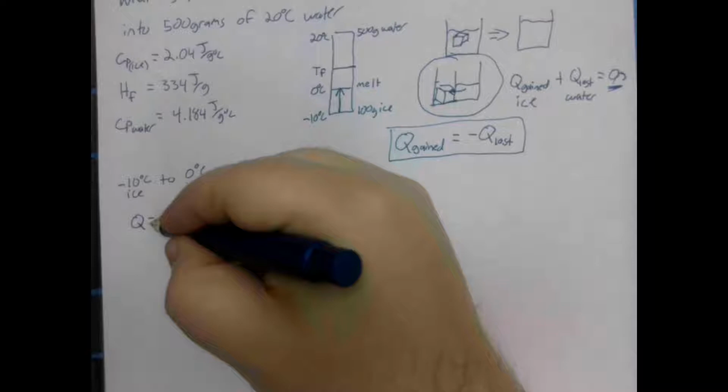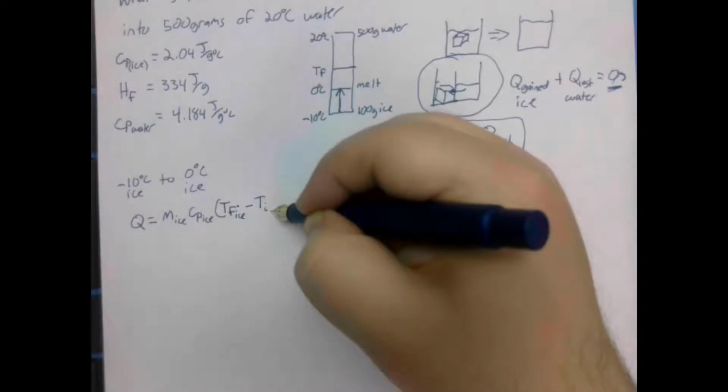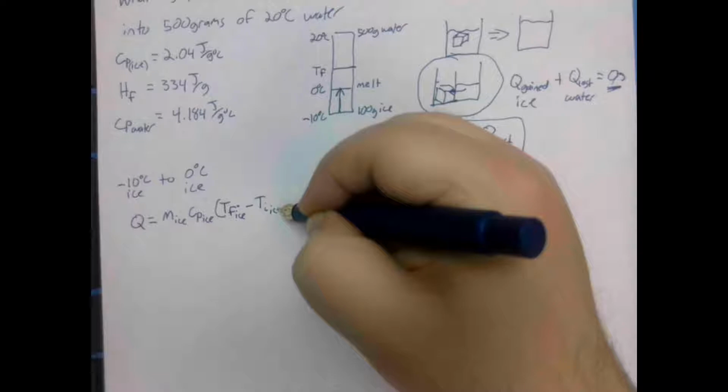Q, the amount of heat changed, is going to be equal to mass of the ice times the CP of the ice, multiplied by the final temperature of the ice minus the initial temperature of the ice, our delta T. So this is our final temperature. This is our initial temperature.